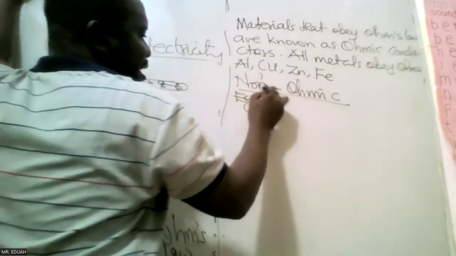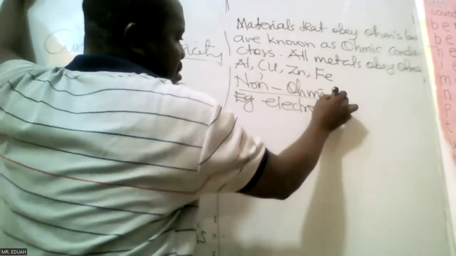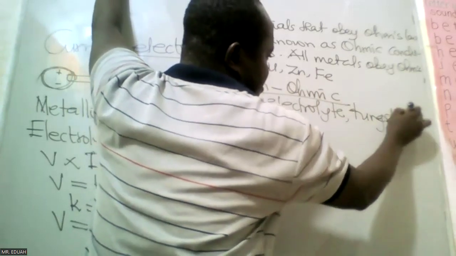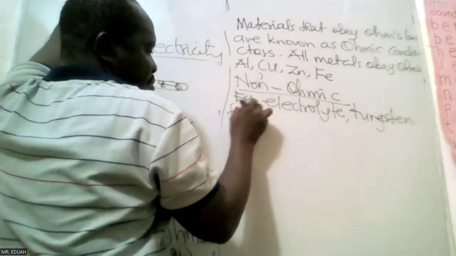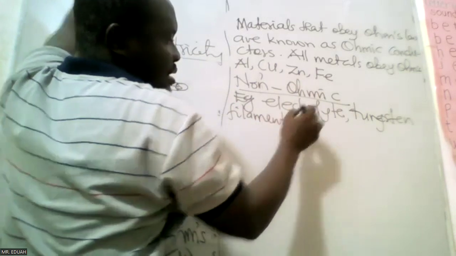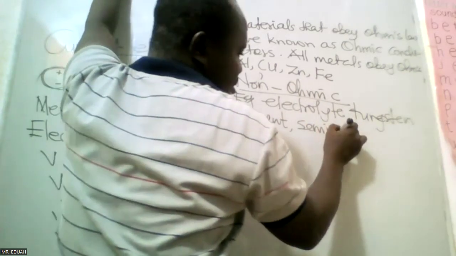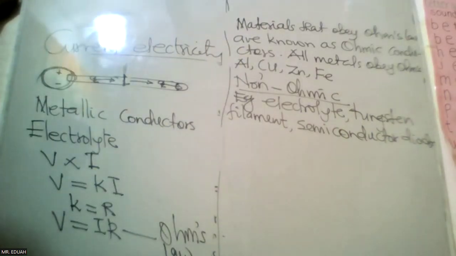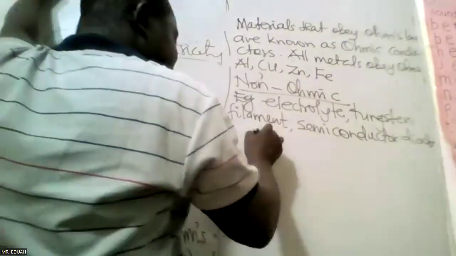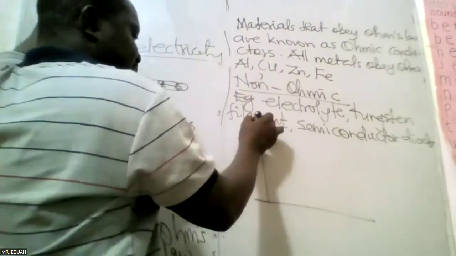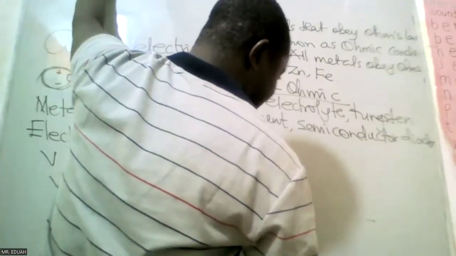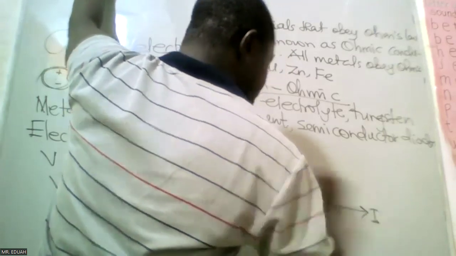Examples: electrolytes, tungsten filament, semiconductor diodes, etc. Now, when materials obey Ohm's law, for ohmic conductors, when you plot voltage or potential difference V against current I, you have a straight line.